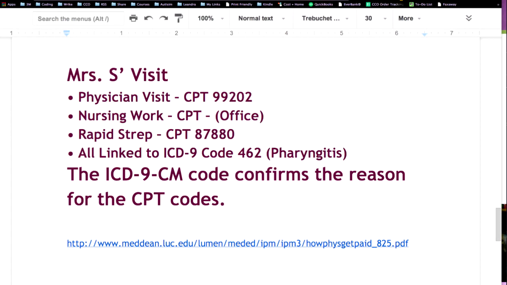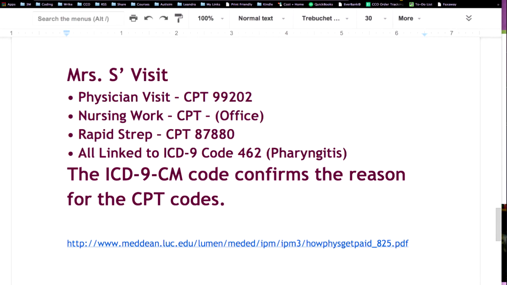This was based on explaining to a physician how they got paid. That's why I thought this was so unique. So for Mrs. S's visit, the code would be like 99202. And mind you, I don't know how old these are, and I didn't look up these codes, but let's say it's 99202. The nursing work, office visit, doesn't get a code.